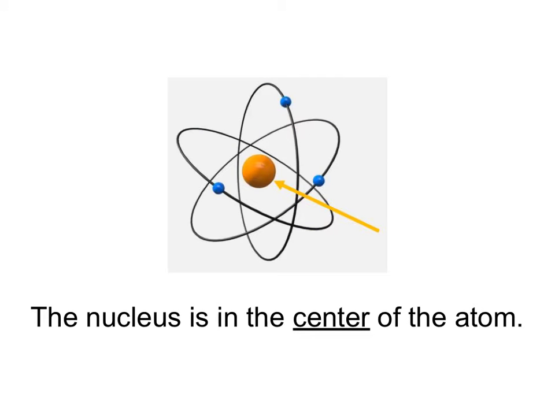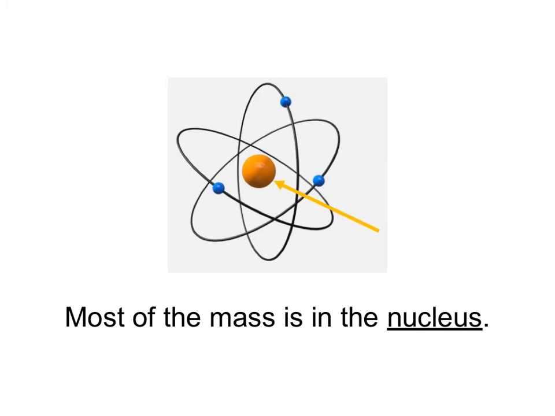The nucleus is the center of the atom. It's in the middle. The electrons orbit around the nucleus. Most of the mass of an atom is in the nucleus. The parts of the nucleus are going to contribute mass to an atom. The electrons are so small, they really don't account for any mass of your atom.